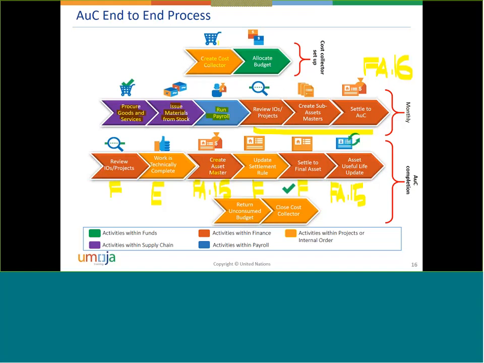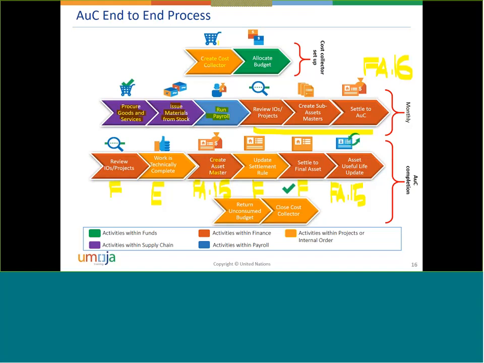Cost collector is the project or the internal order, but typically it will be the project that you create in project system. You are going to see it also with the grants. It's a kind of structure where you specify how many assets your main AUC project will have. If you are building a camp, you will say, I'm going to have one office building, one hospital, infrastructure.